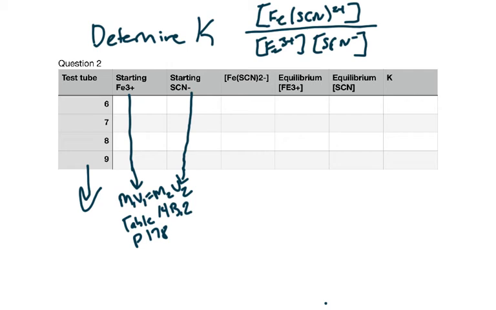The next column is your equilibrium concentration of the iron thiocyanate complex. There, you're going to be using the fact that A equals KC. You will have, for all of these test tubes, determined an absorbance value. The data for that will be on page 181 at the bottom.